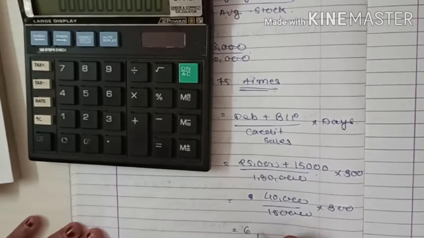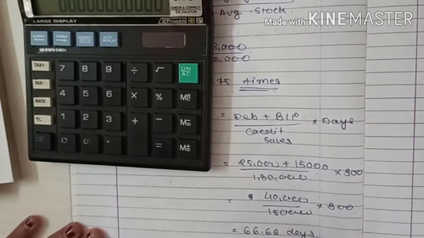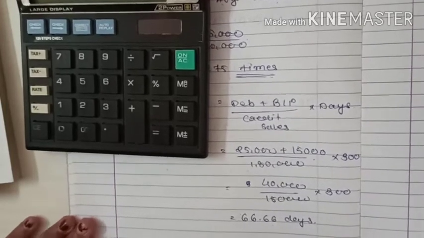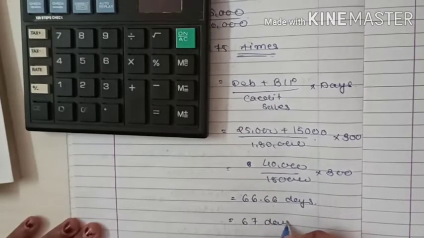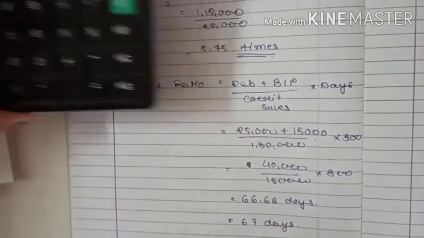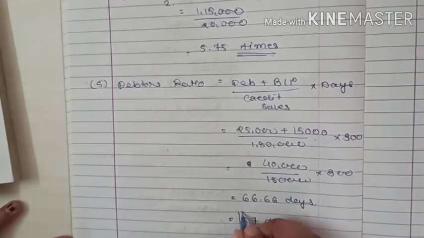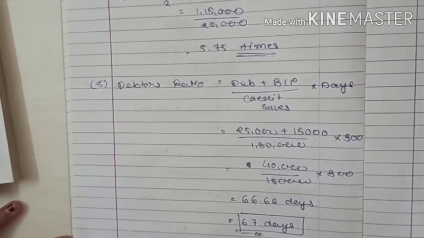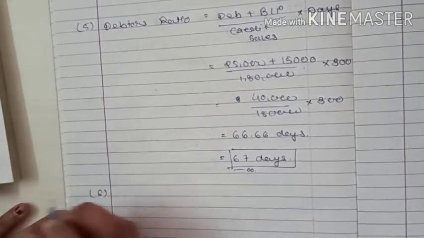That means 66.66 days. Days cannot be in a point, right? So we will write 67 days. Understood? Let's find out the sixth ratio.